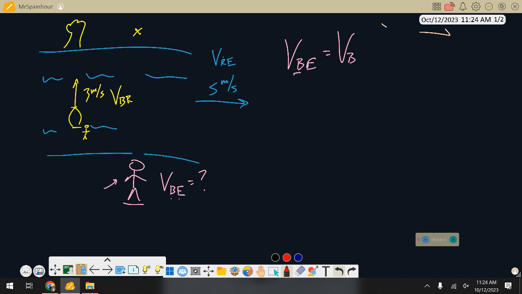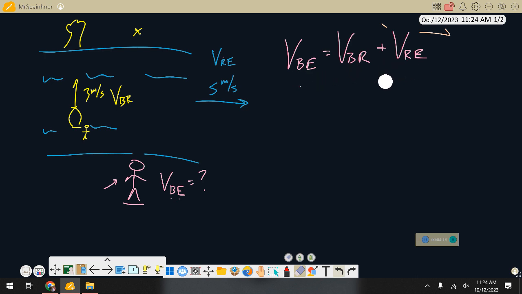So we have boat compared to Earth is equal to boat compared to river, and then we will add the velocity of river compared to Earth. The first letter and the last letter of your equation should be the first letter and the last letter of what you're trying to find, while the middle letter right in here should be that third frame of reference.